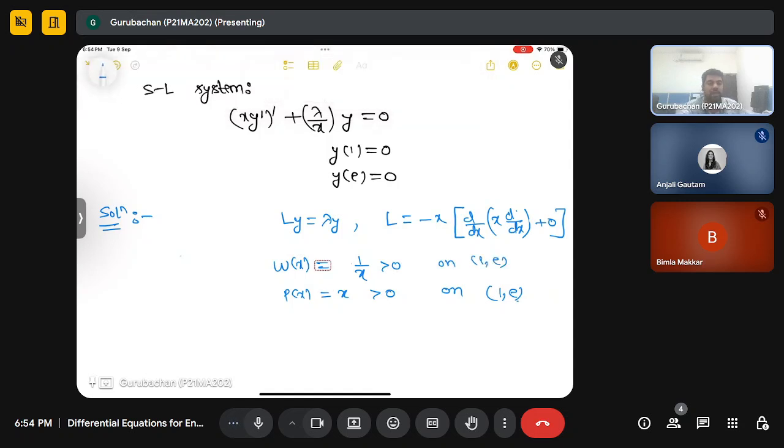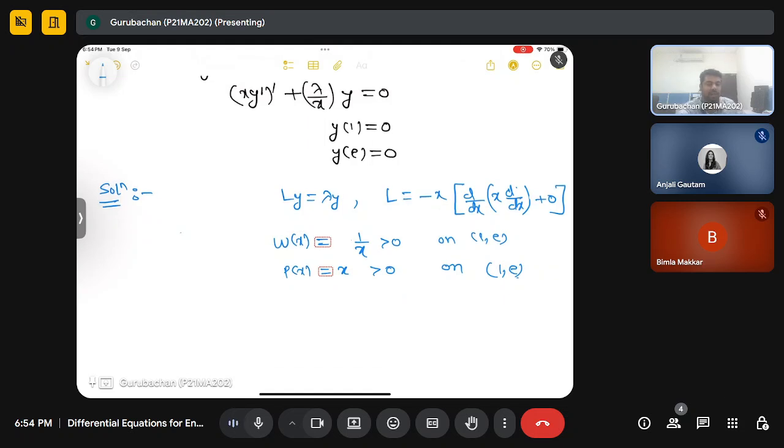So now you know that your system is a regular kind of system, with q(x) equal to 0 for all x from 1 to e. So your inner product will be defined as the integral from 1 to e of (1/x) f(x) g(x) conjugate dx, since the weight function is not 1, it's 1/x.